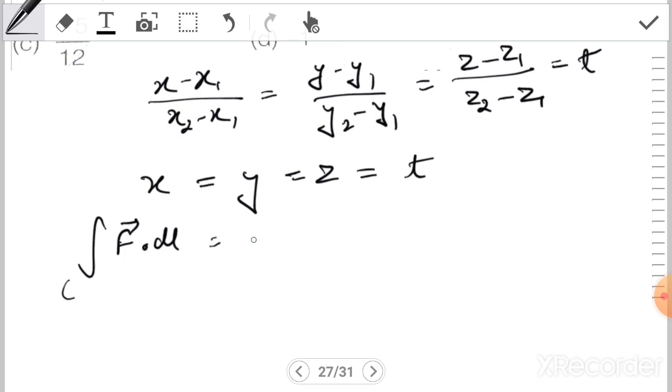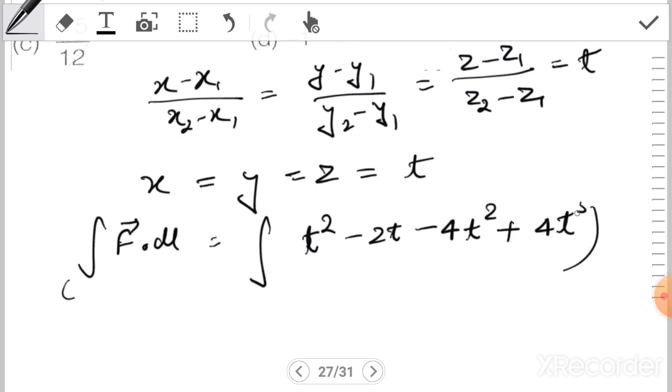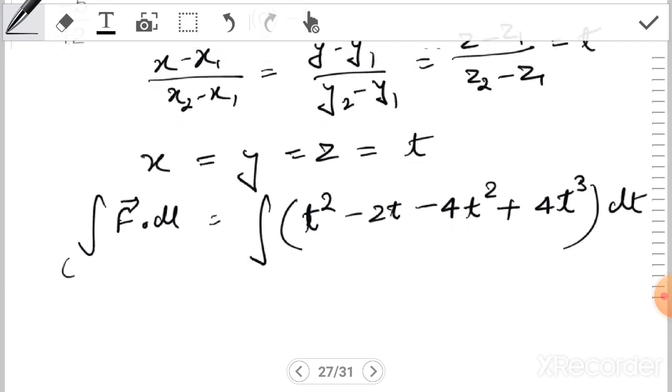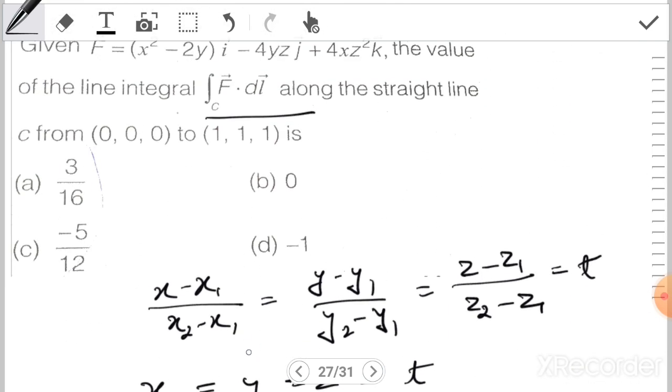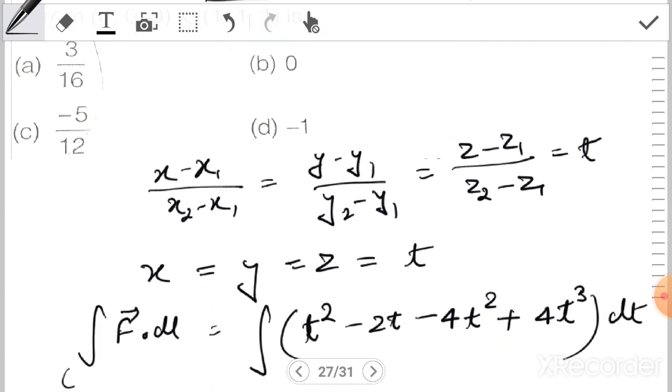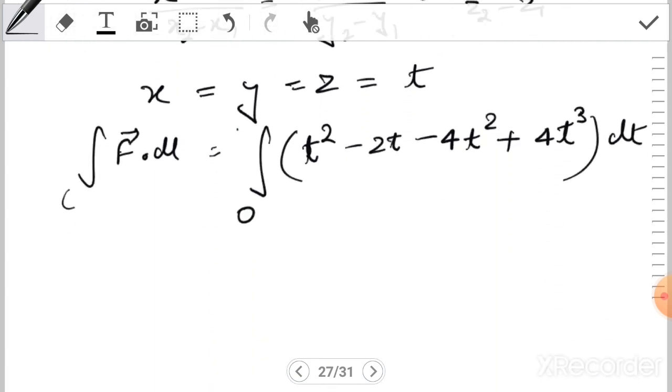So you can write this as t square minus 2t minus 4t square plus 4t cube dt, and since x y z is equal to t, t also varies from 0 to 1, since x y z all three vary from 0 to 1.